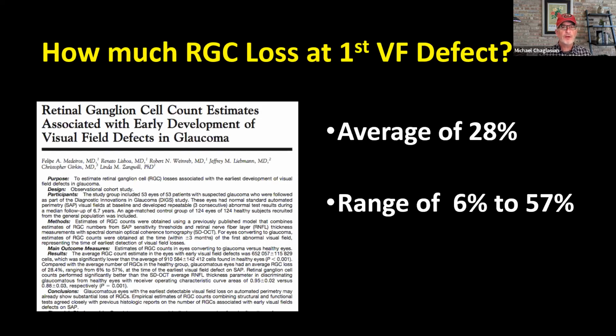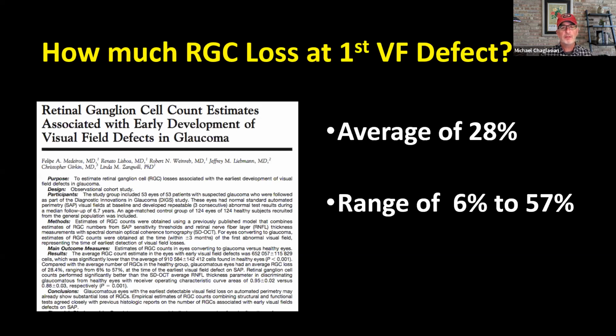So let's think about this question of why we recognize and understand that OCT can identify glaucoma before we see a field defect, and therefore we don't have to wait for it. In this early study, the investigators found that an average of 28% of the retinal ganglion cells, so think of retinal ganglion cells and retinal ganglion cell axons, this is what we're measuring the thickness of or obtaining imaging of with our OCT devices.